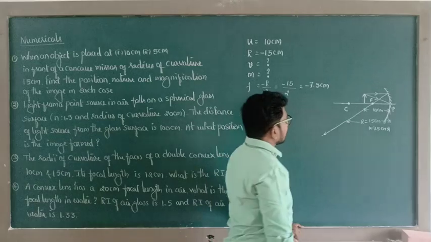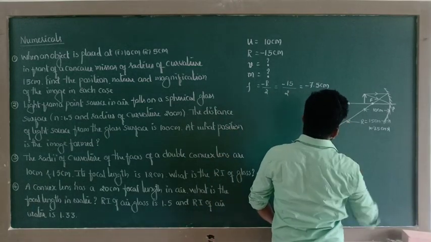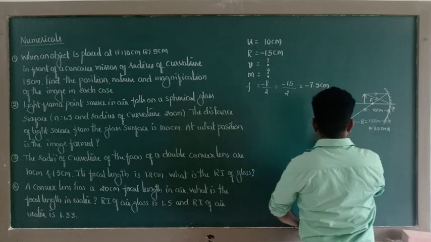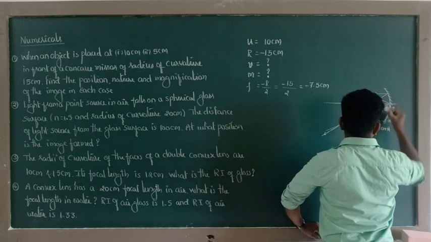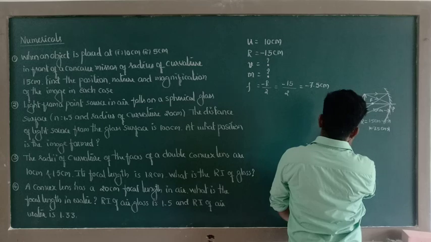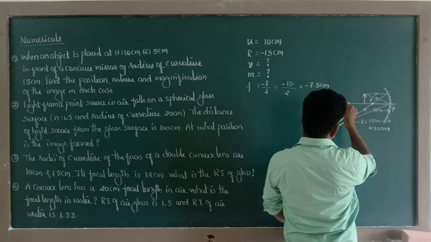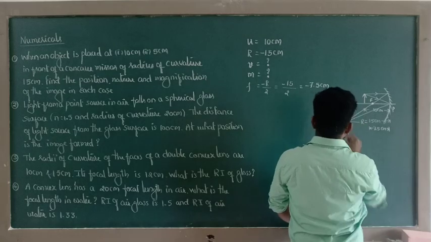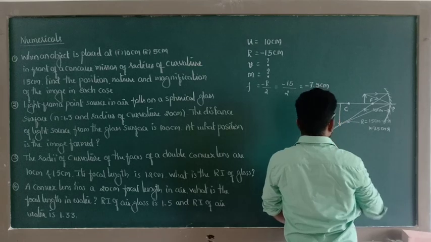So let us consider the position of the image. This pointer represents the position of the image. So the image lies beyond the center of curvature.